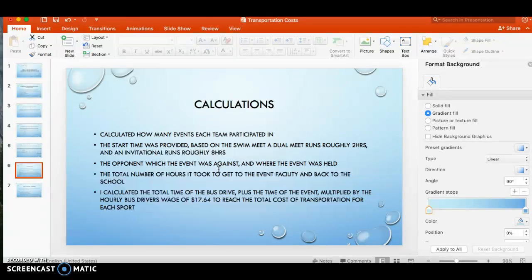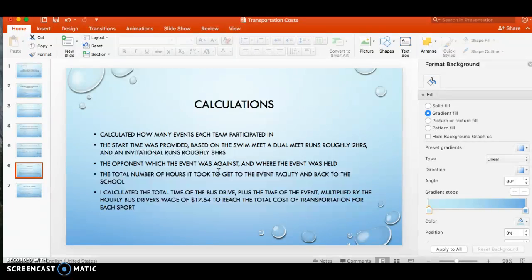I calculated the hours because Burlington High School pays the bus drivers an hourly wage and not in addition to the mileage. But if they did, that would be another calculation you'd have to consider: adding in the additional cents that the bus drivers are paid per mile, in addition to the hours they're spending driving the bus.